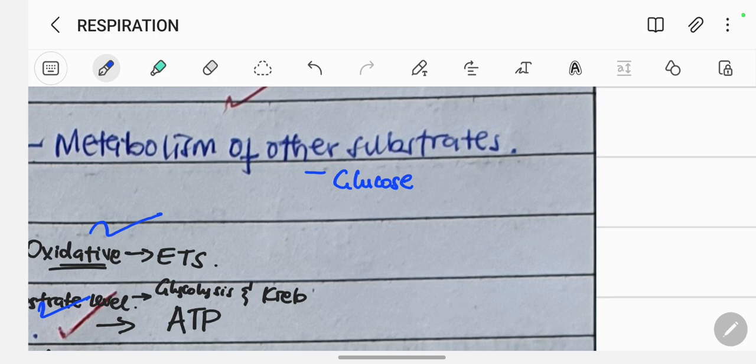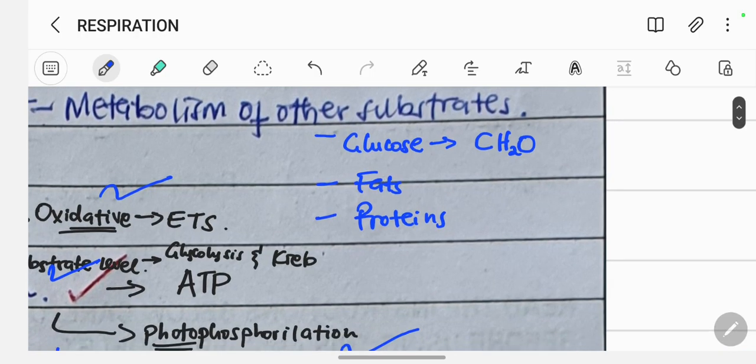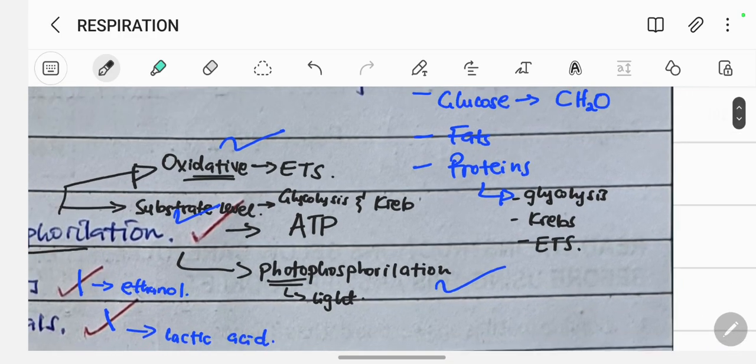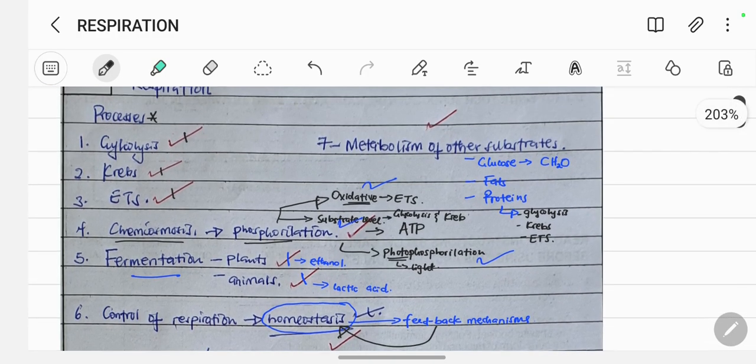Glucose will stand in for our carbohydrates as a representative, but we also have fats and proteins, and we have to look at how all these are going to be broken down and how they link up with our glycolysis, how they link up with Krebs and the electron transport system. So we shall see the biology there.